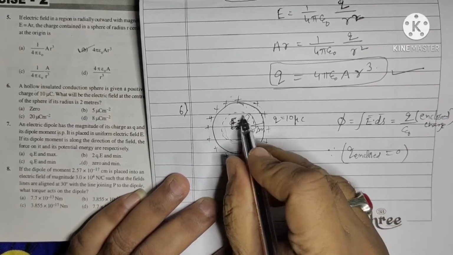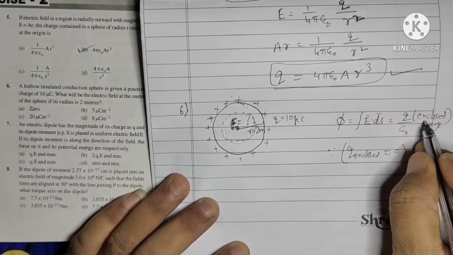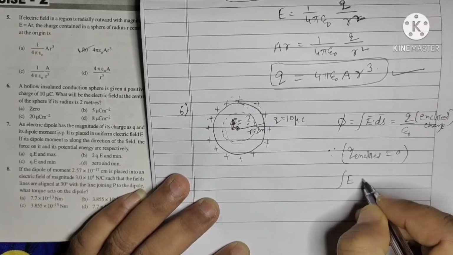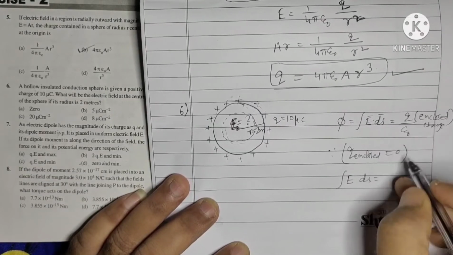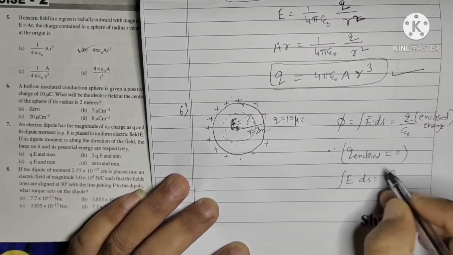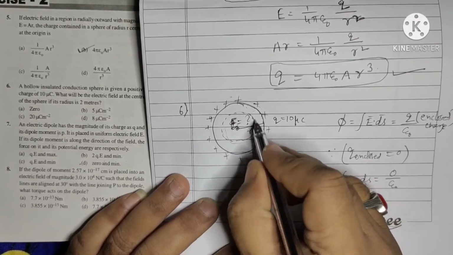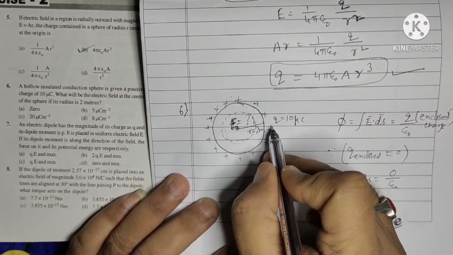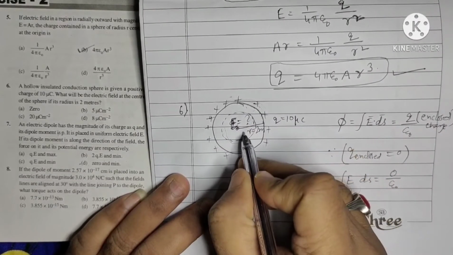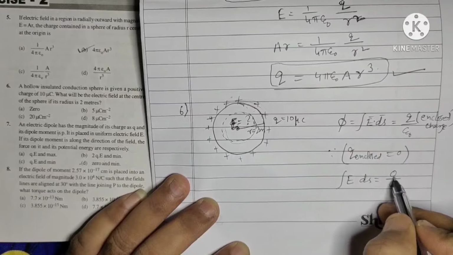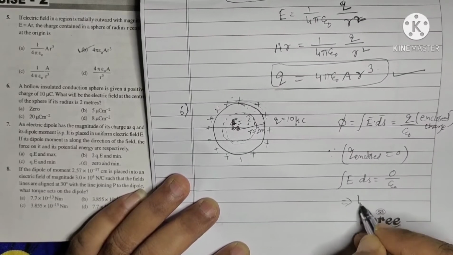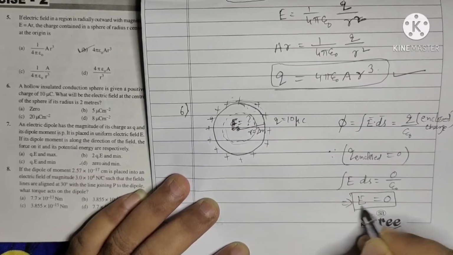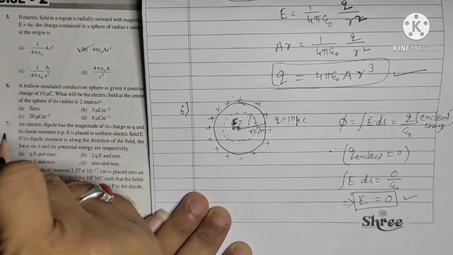So E integral of ds is equal to 0 by epsilon naught, because Q is only outside the surface, not inside. When Q is 0, this implies that E will also become 0. So the first option is correct.